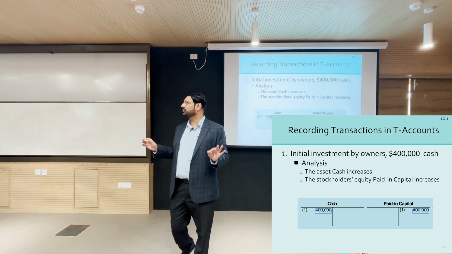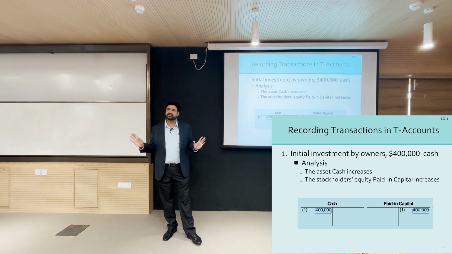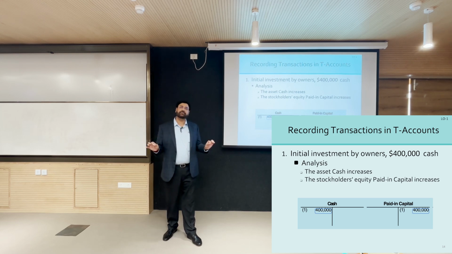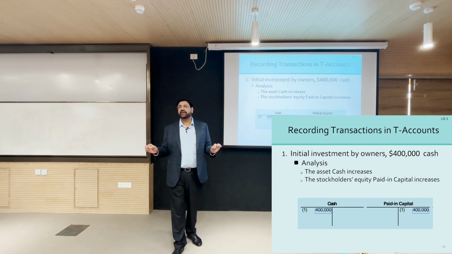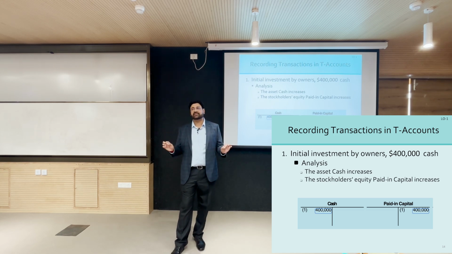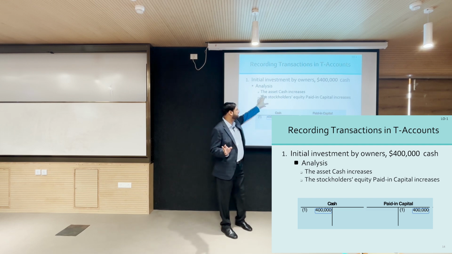So, when cash goes up, is the cash account to be debited or credited? Debited. Are you all clear? Increase in asset is debit, cash increased, so the cash account is to be debited. We are coming to that in the next slide.